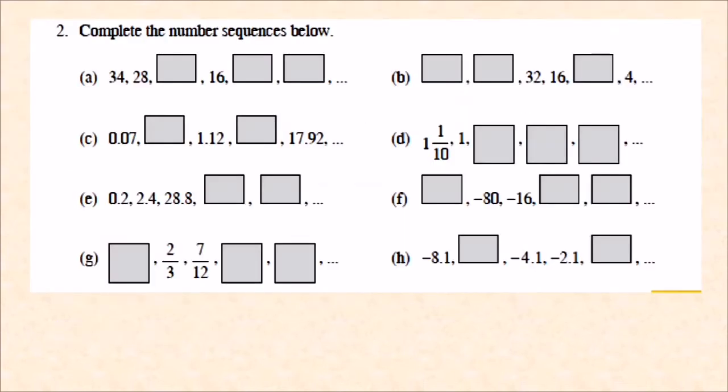Question number 2. Complete the number sequence below. A, 34, 28. After that, we can see 16 here. Okay, so the number is getting smaller, and most possibly it is subtraction because the difference between two numbers is not so big. The difference between 34 and 28 is 6.